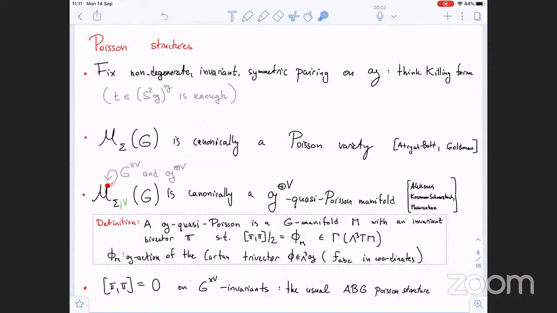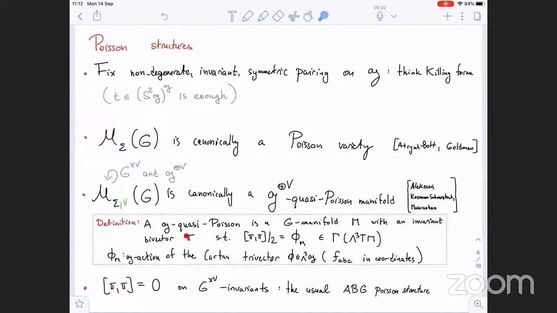This is due to Anton Alekseev, Yvette Kosmann-Schwarzbach, and Eckhard Meinrenken. Let me just give you a definition. What's a G quasi-Poisson structure? It's a G manifold M. Here, this is our moduli space. This is the group, or multiple copies of the group.